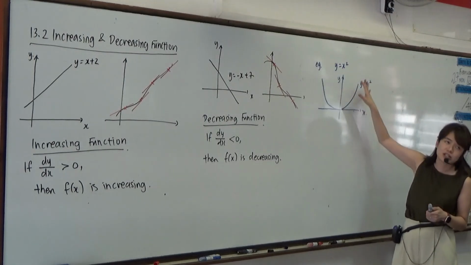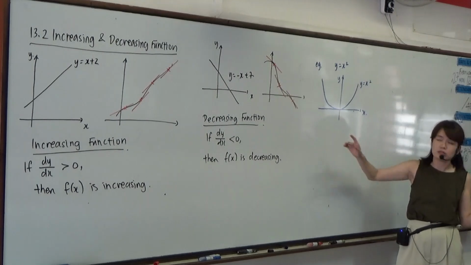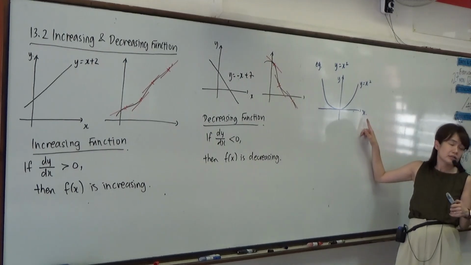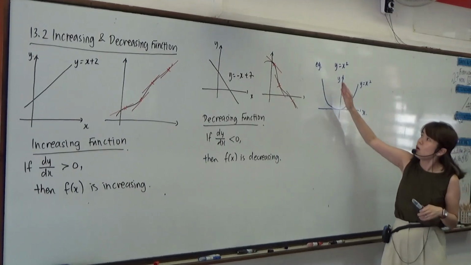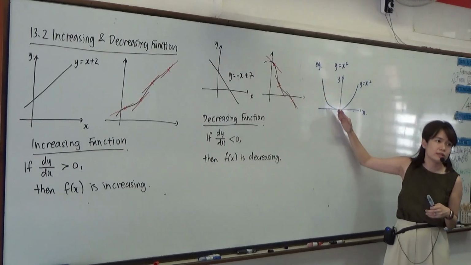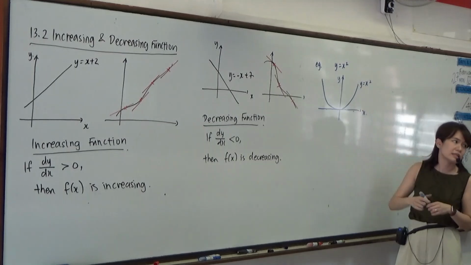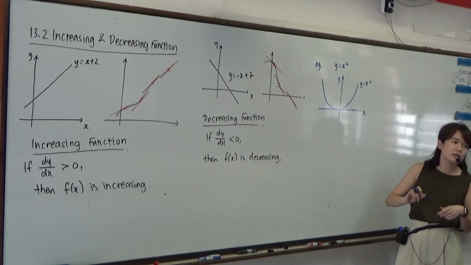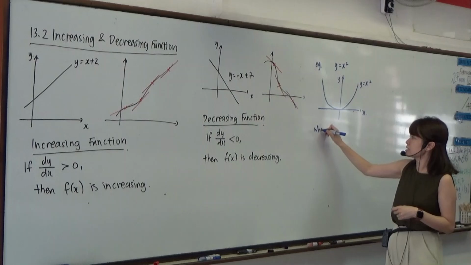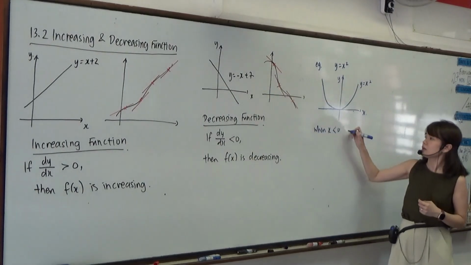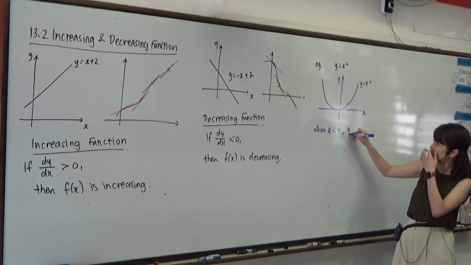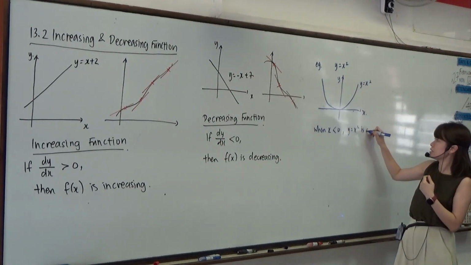So this is a function whereby it is not for all values of x that it is increasing or decreasing. Only on this side is it decreasing, and this side is increasing.